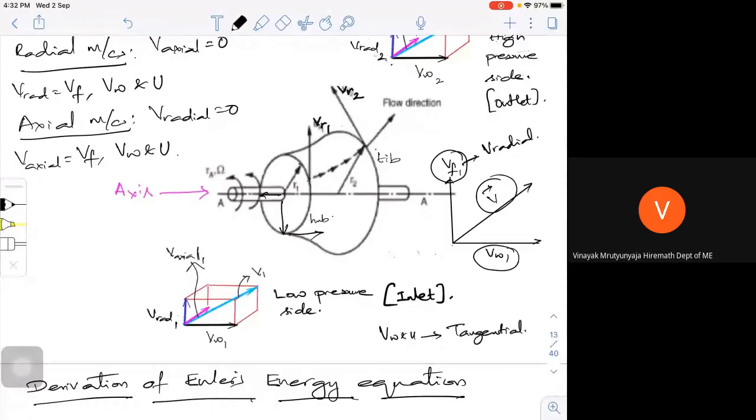They can be in the same direction or in opposite directions, depending upon the direction of rotation or whatever it may be. So now you should clearly understand that VW and U are both tangential velocity components, and the radial component and axial component come into the picture depending upon what type of turbo machine I'm trying to see.